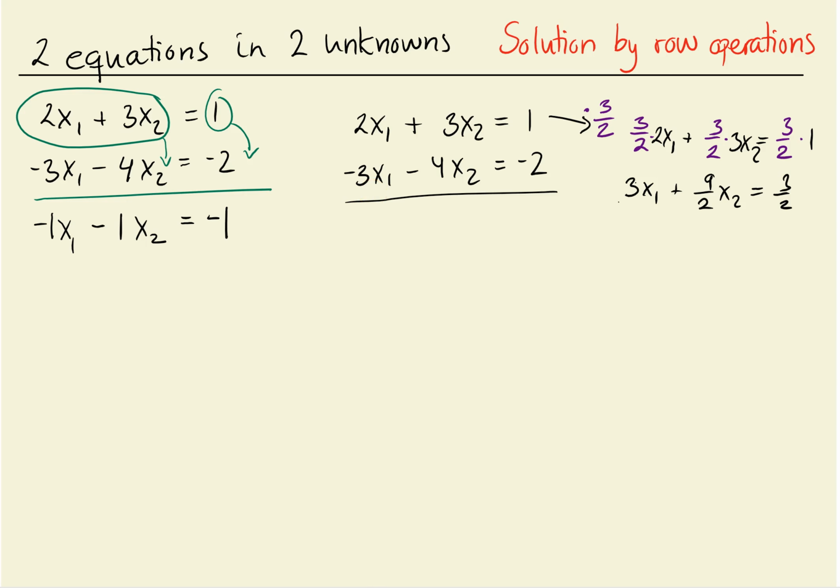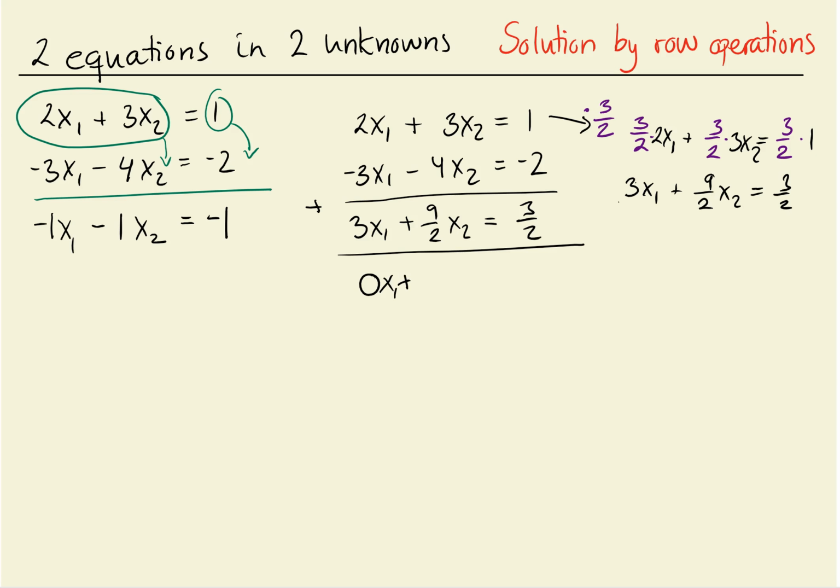So let's try to add the two: 3x1 plus 9/2 x2 and 3 over 2. So we add these two equations, and what do we get? Well, the first term is easy. We get 0 x1, you might write.